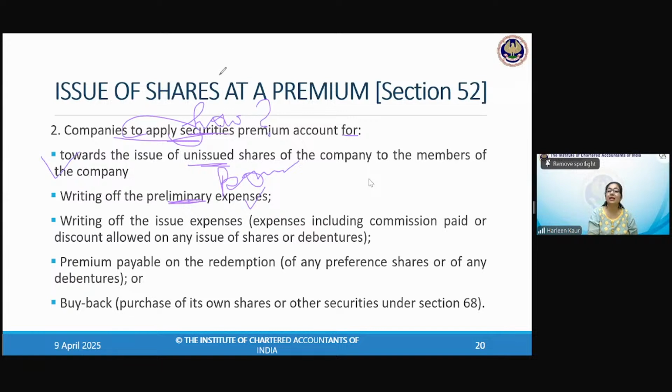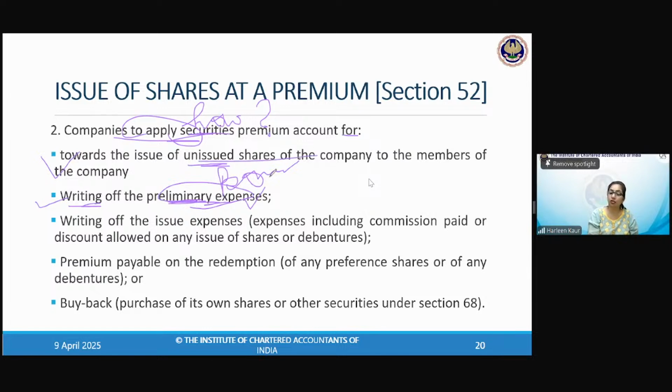Now, what is the meaning of preliminary expenses? No, reduction is different, Harsh. We will discuss reduction in a separate section. Preliminary expenses means the pre-incorporation expenses, the initial expenses before forming the company. Whatever expenses we have incurred, we can pay them off from the securities premium.